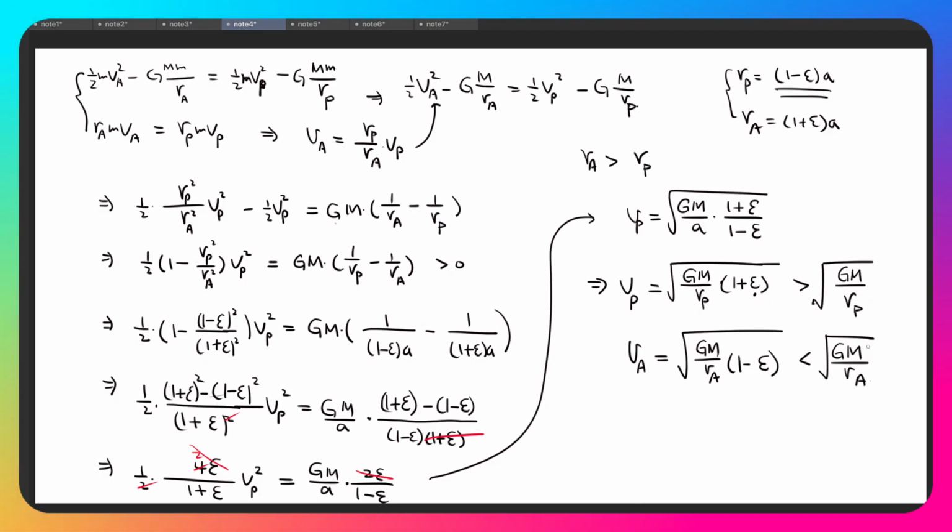So you can do some estimate of this speed in the square root, these two sides, and according to some data, you will see the Earth's speed at these two points. They're either greater than that or less than this. So the Earth's speed is in between VA and VP, less than these two bounds.